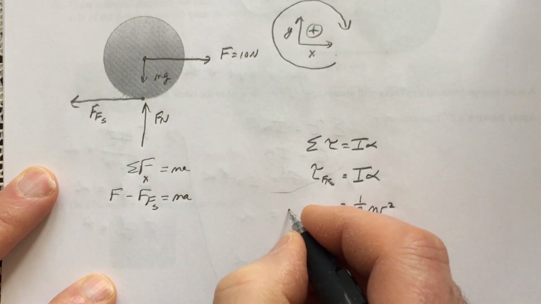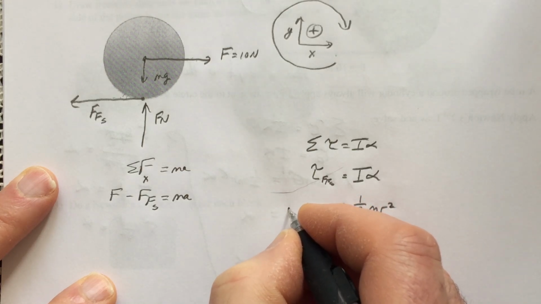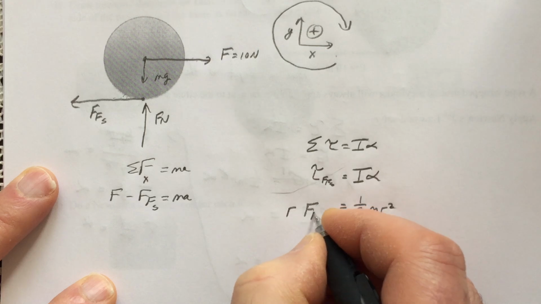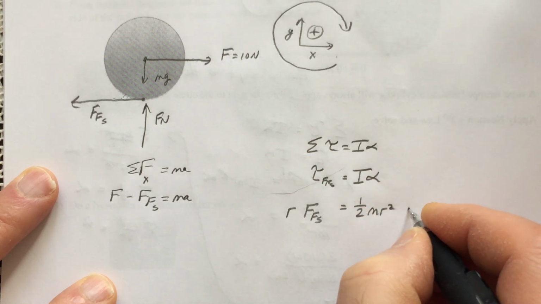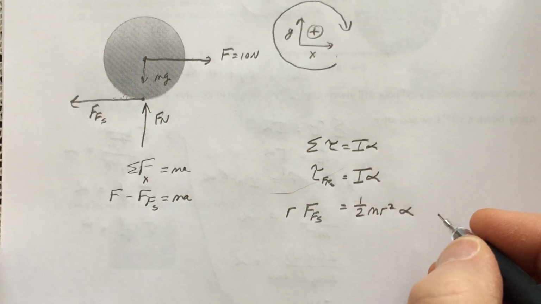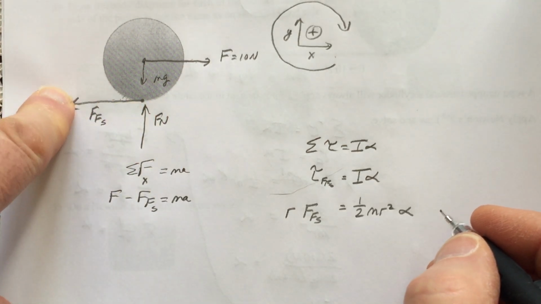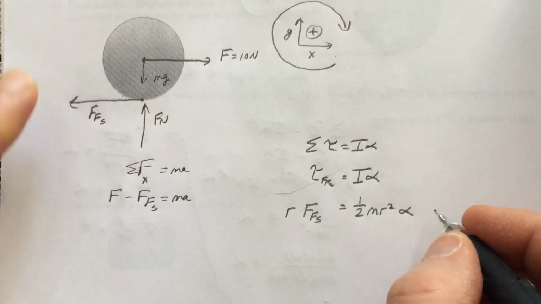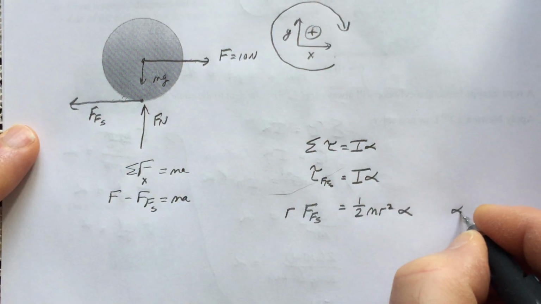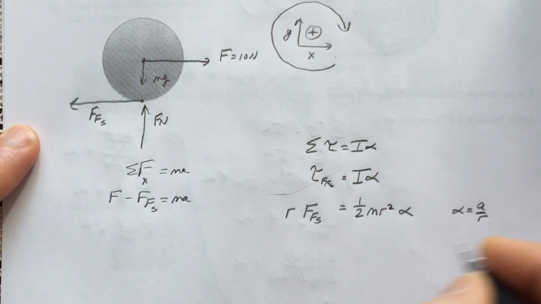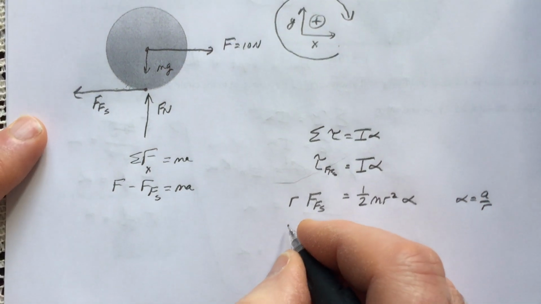Your torque is going to be equal to R times that force of friction static, and we get that times alpha. Now, just like we said before, we can relate the linear acceleration along the edge of that disk to its angular acceleration by alpha equals a over R.